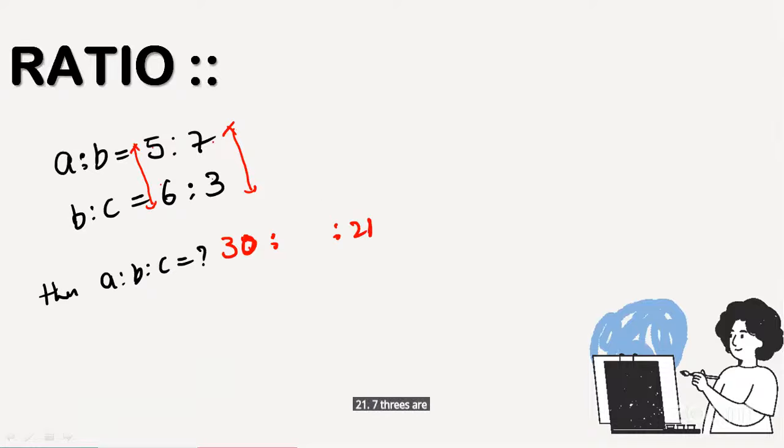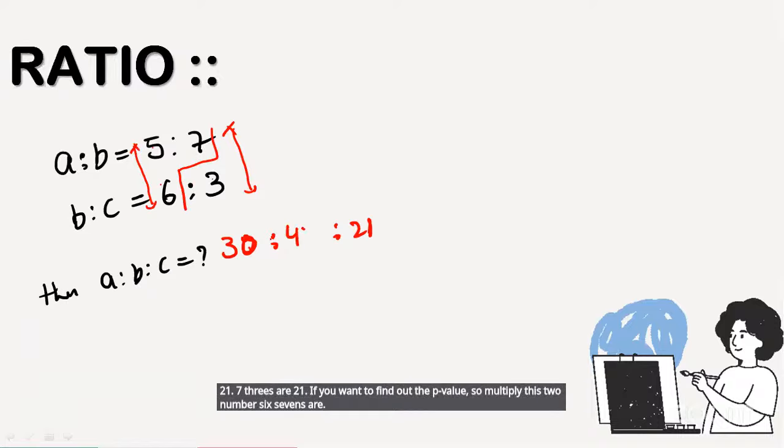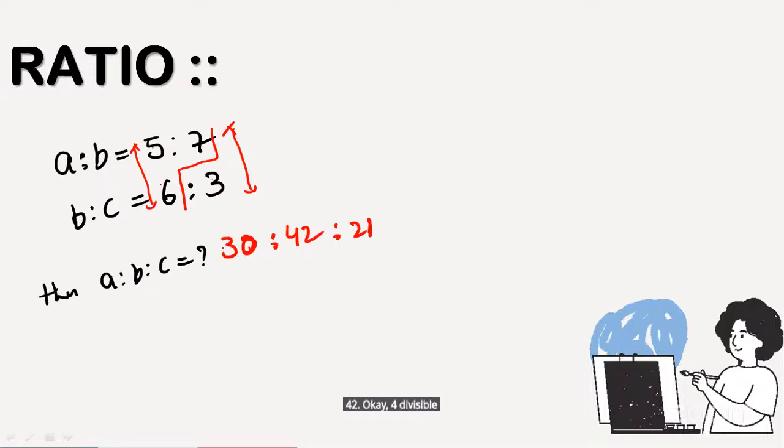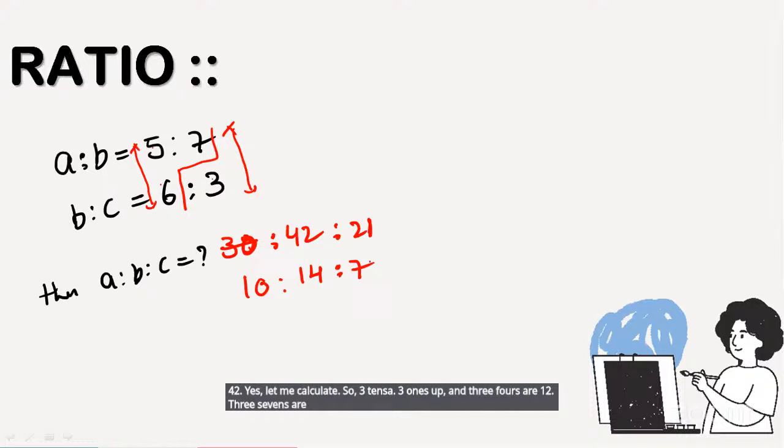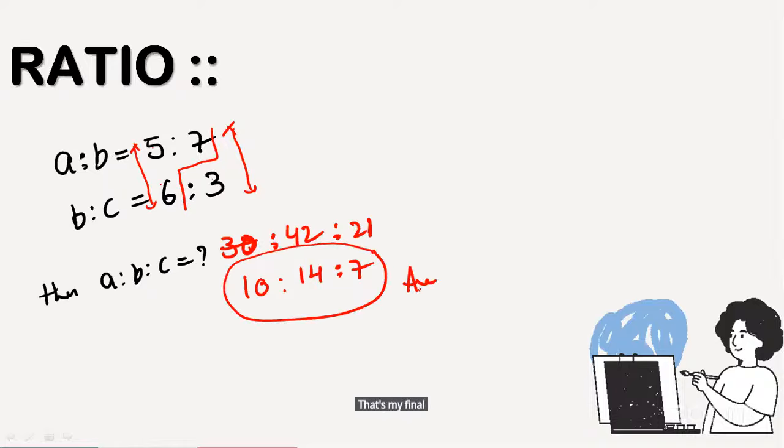If you want to find the B value, multiply these two numbers: 6 7s are 42. Is it divisible by 2 and 3? Yes. Let me calculate: 3 10s are 30, 3 4s are 12, 3 7s are 21. Any cancellation guys here? No cancellation. That's why the final answer is 10 is to 14 is to 7. Clear to all of you?